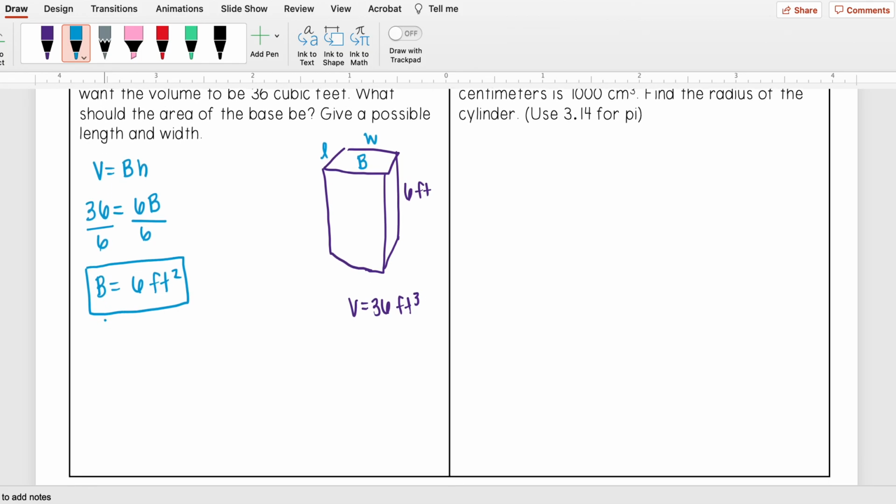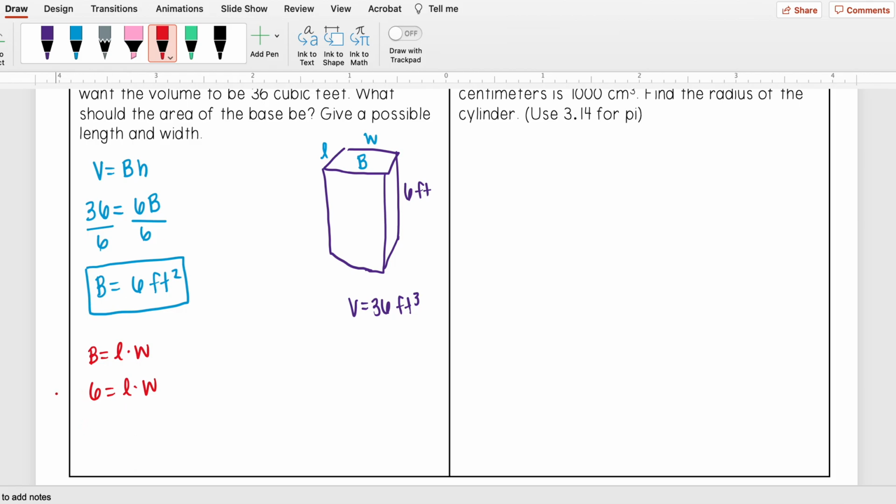So that's the answer to the first part. Then it says give a possible length and width. Well, I know the area of a rectangle you find by multiplying length times width. So I know that my length times width needs to equal 6. So I just need to list out numbers that multiply to get to 6.